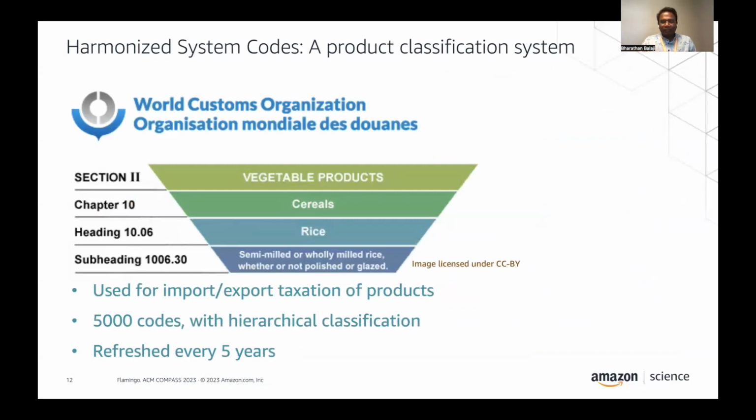At the 2-digit layer, we have all the cereals, and at the 4-digit layer, we have rice, and at the 6-digit layer, we have different kinds of rice. This system is refreshed every 5 years, and it's something that we can rely on for doing our predictions going forward.